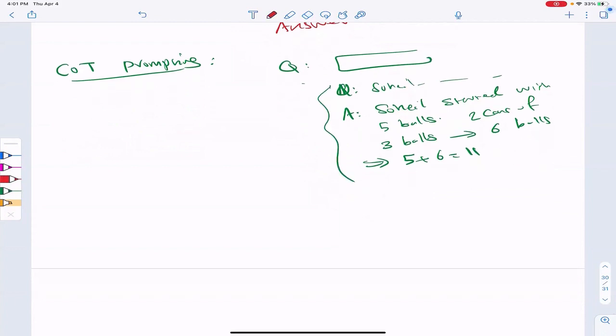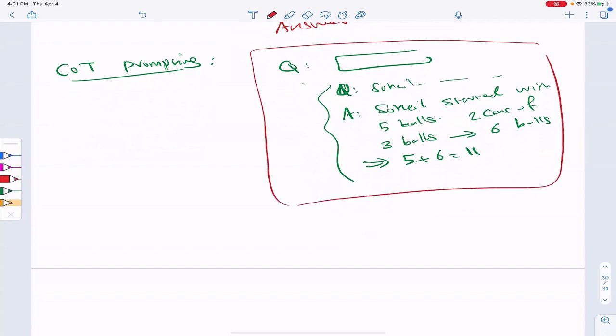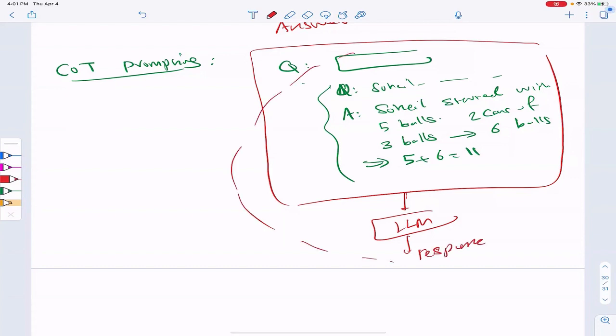And this whole thing goes to the LLM, and you get your response for this particular question that you have. And it improves quite a bit. Really simple, right? Instead of just giving the final answer in your in-context example, just give some more explanation.